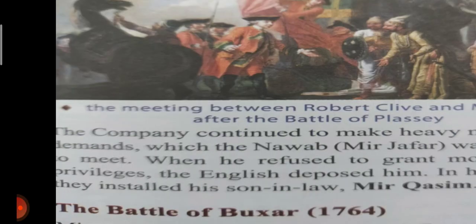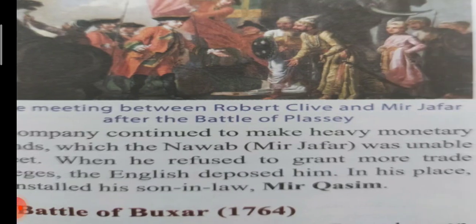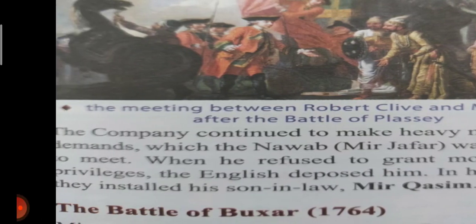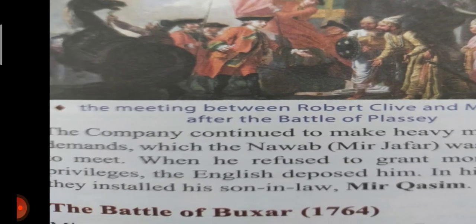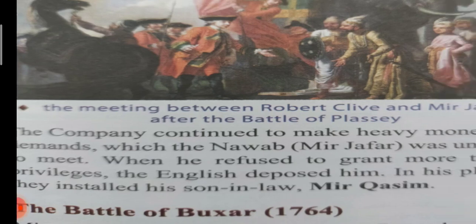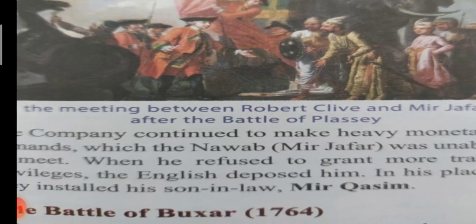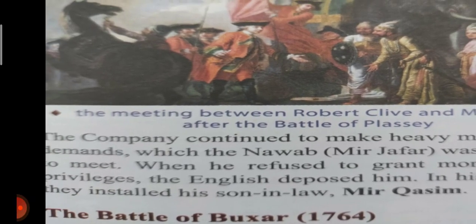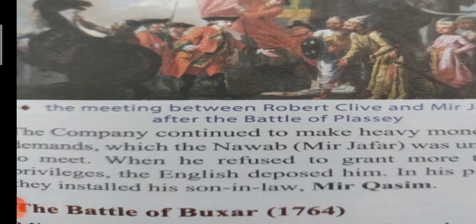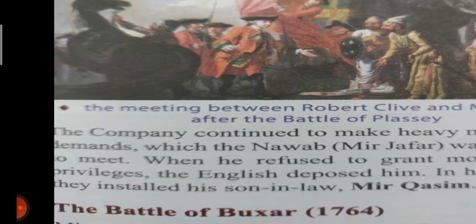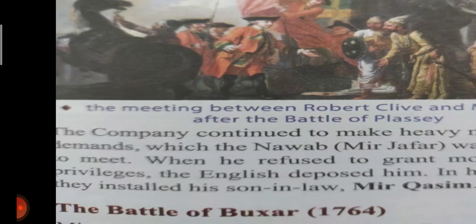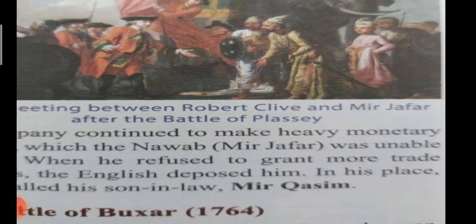Here the company continued to make heavy monetary demands which the Nawab Mir Jafar was unable to meet. When he refused to grant more trade privileges, the English deposed him and in his place they installed his son-in-law Mir Qasim.